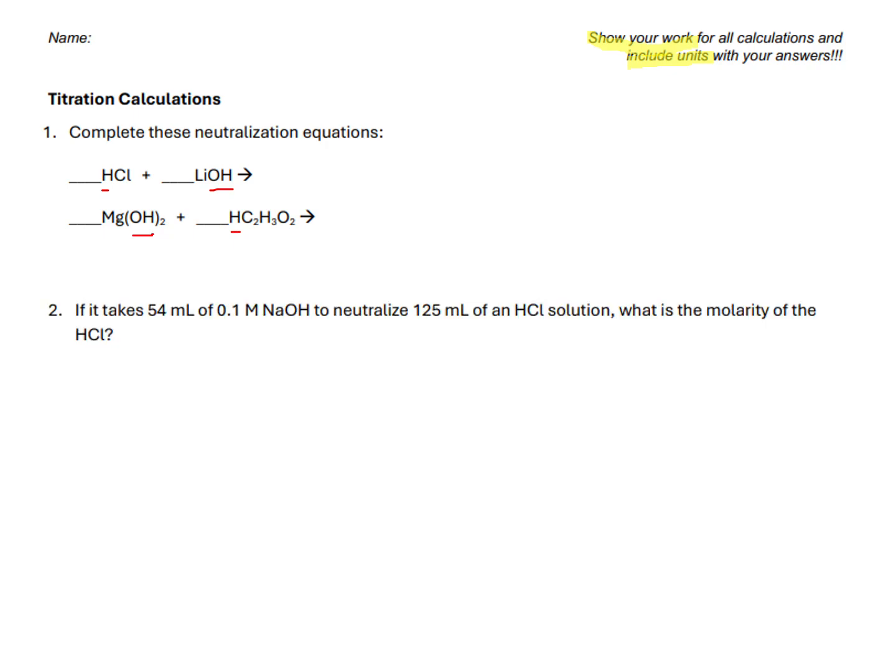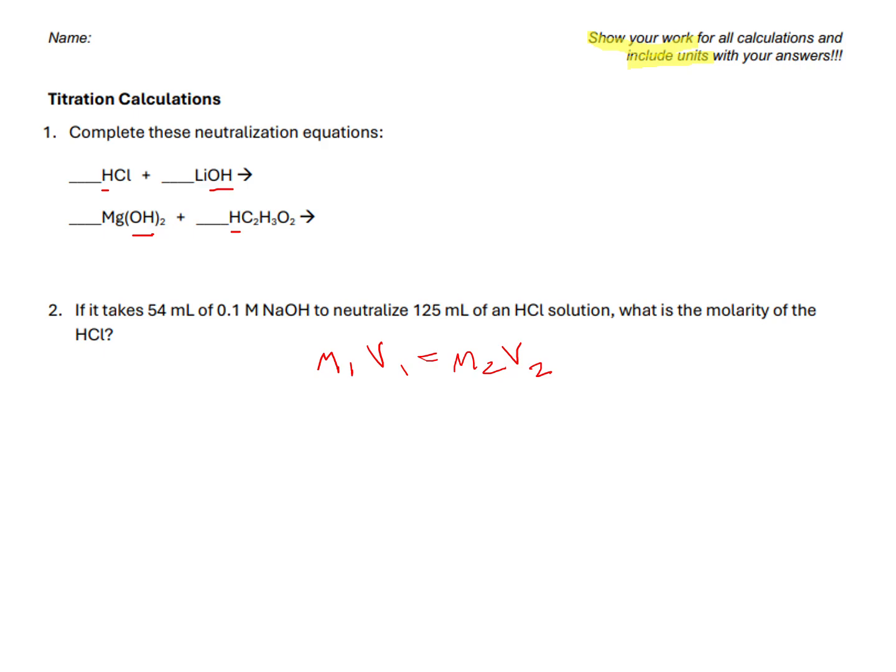All right, the next one is an actual titration calculation. It says if it takes 54 milliliters of 0.1 molar sodium hydroxide to neutralize 125 milliliters of an HCl solution, what is the molarity of the HCl? So this is a really straightforward M1V1 is equal to M2V2.